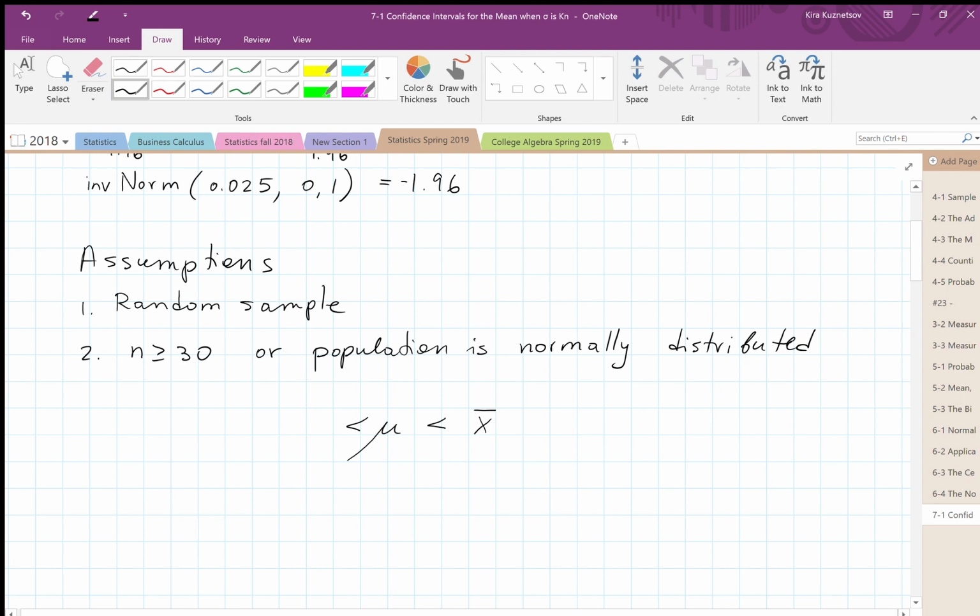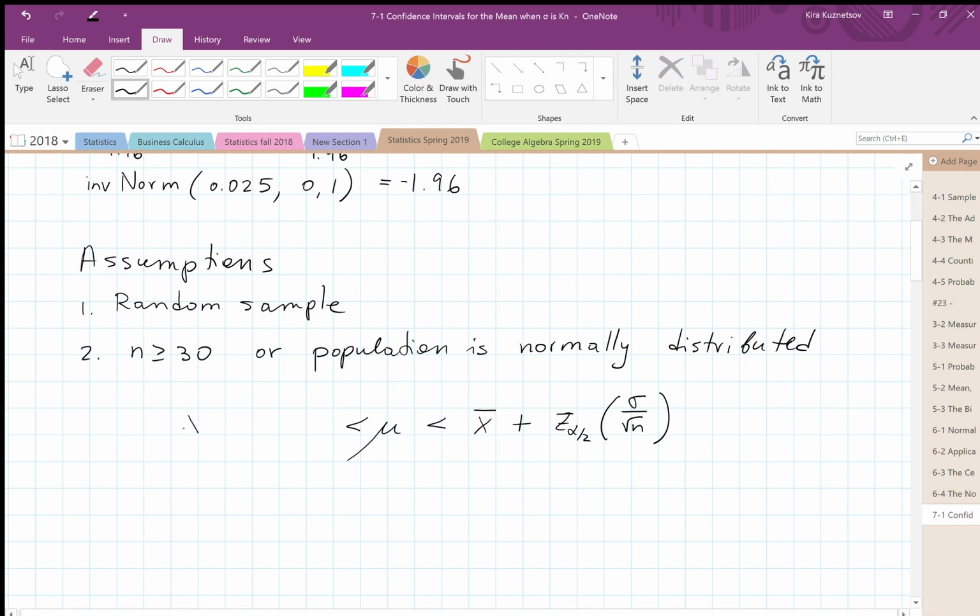The x bar is going to be called a point estimate, and I'll label these in a second. And what I need to do is add a margin of error. The margin of error is calculated by taking that z alpha over 2 score and multiplying by sigma over the square root of n, which is something that we've seen as part of the central limit theorem.